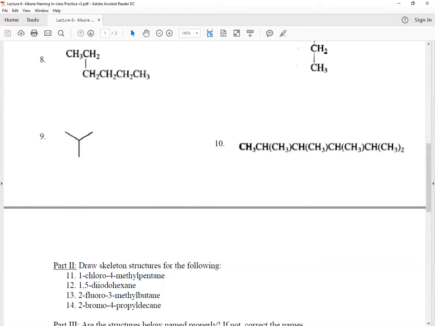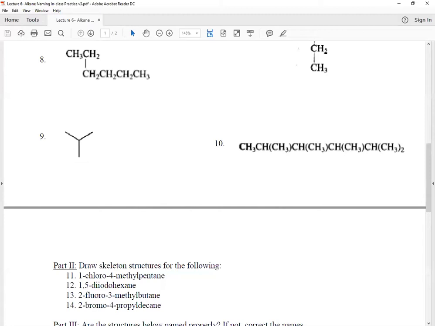Okay, does it matter which end we pick as carbon number 1? No, we can count from the left or count from the right, right? Because you're getting to your first substituent on carbon number 2, either direction. So just for fun, let's go this way.